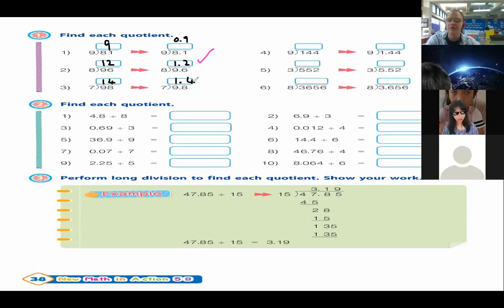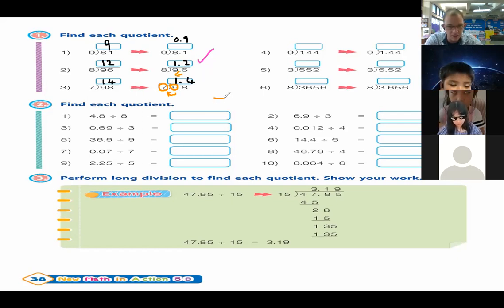When we divide with decimals and whole numbers, it's very important to look at the first thing. We have two numbers we have to pay attention to: what we are dividing by, the 7, and the first number, the 9. Can you see the 9 is more than the 7? So our answer will always be more than 0.